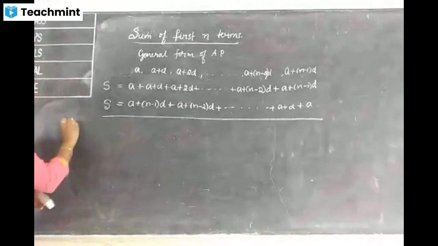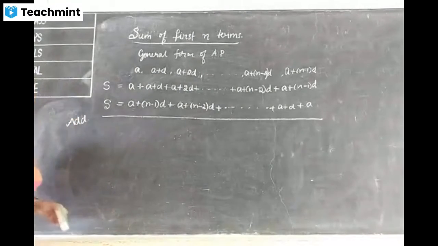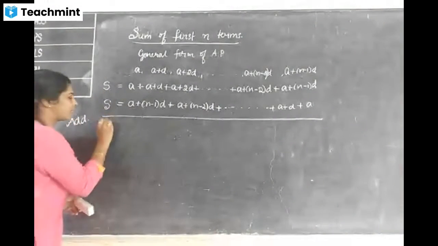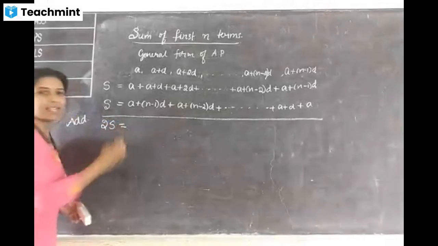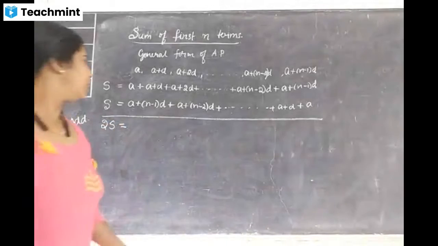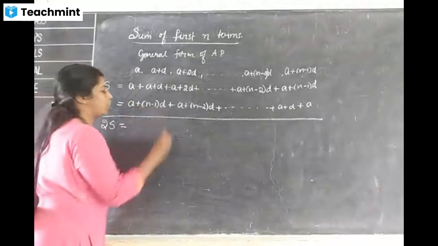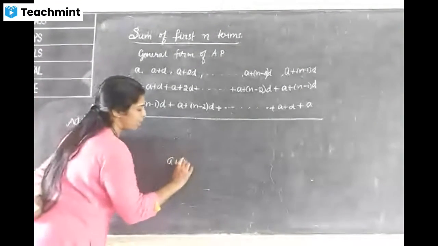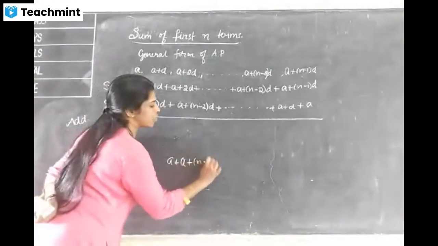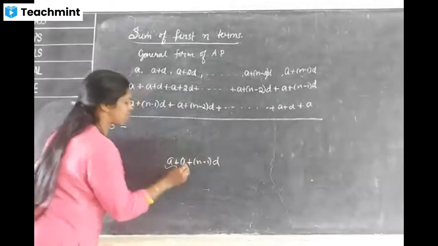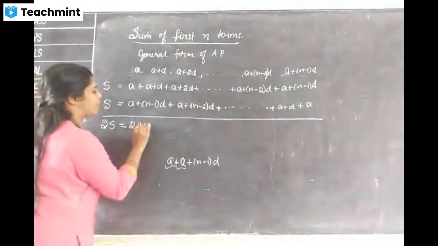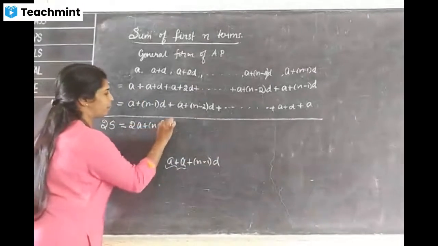If I add it, what will I get? S plus S is 2S. Adding the first terms, a plus a plus n minus 1 into d becomes 2a plus n minus 1 into d.